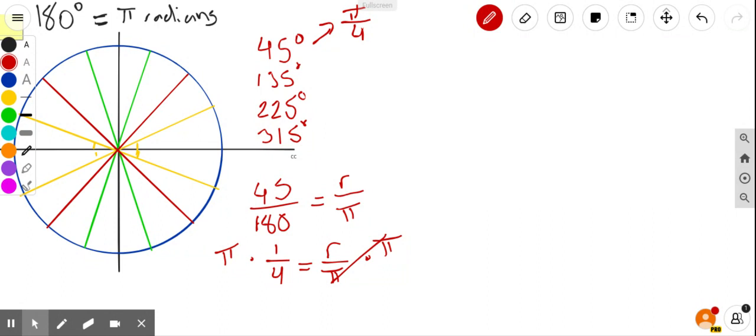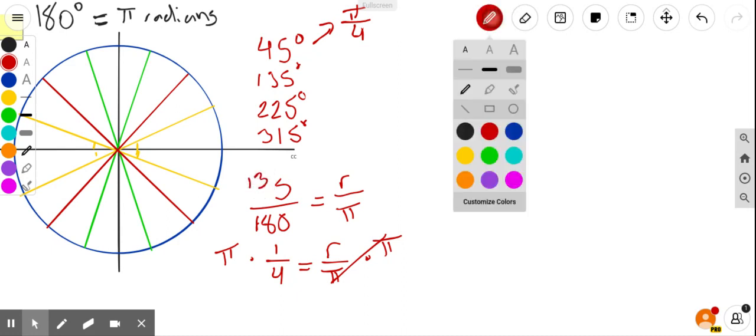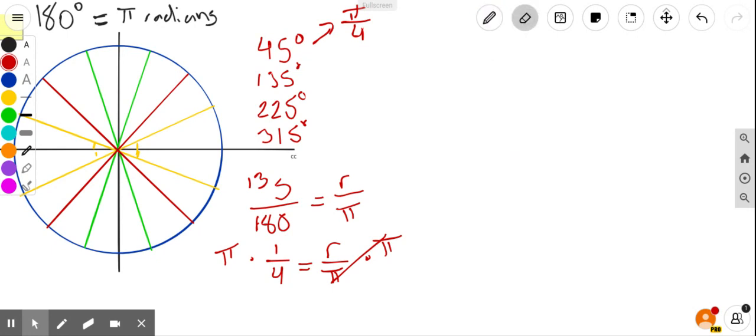So I'm going to repeat the process, but now I'm going to replace the 45 with the 135. And because I'm a giant nerd, I know that 45 times 3 produces 135.